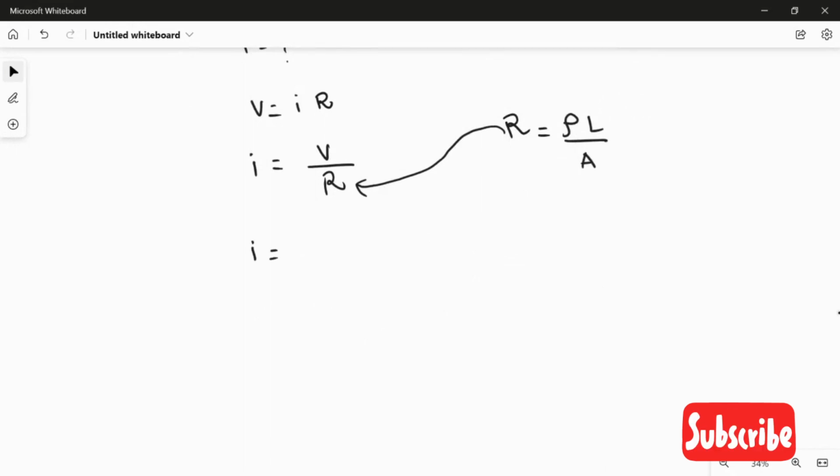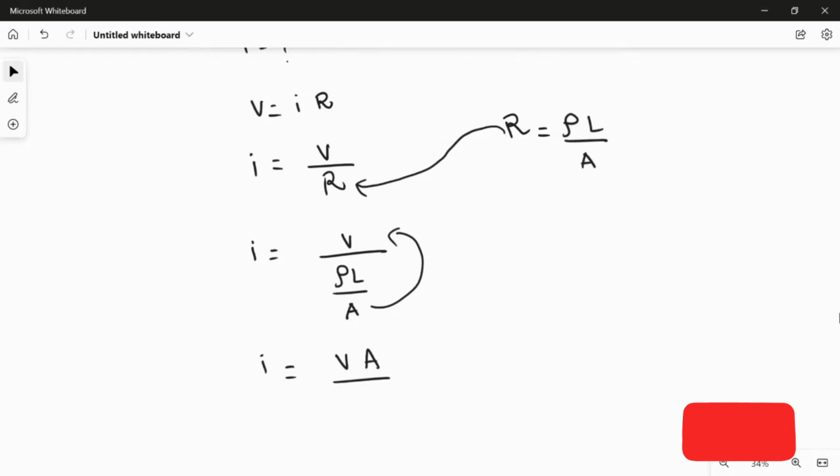The current becomes V over rho multiplied by L over area, and the area goes to the top. By that, the equation becomes voltage multiplied by area over the resistivity of copper multiplied by the length of the wire.